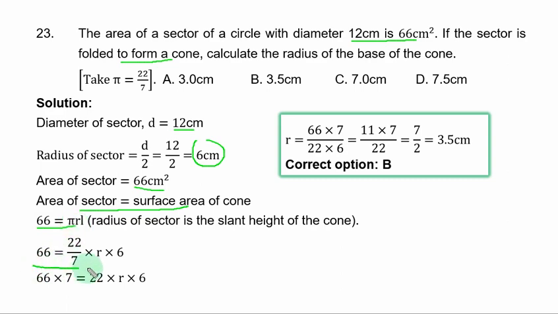So you have this result. Multiply through by 7 to clear the fraction. You have this. Divide both sides by 22 times 6 to get r in this form. If you simplify and reduce and divide, you have 3.5 as the radius of the base of the cone. B is the correct option.